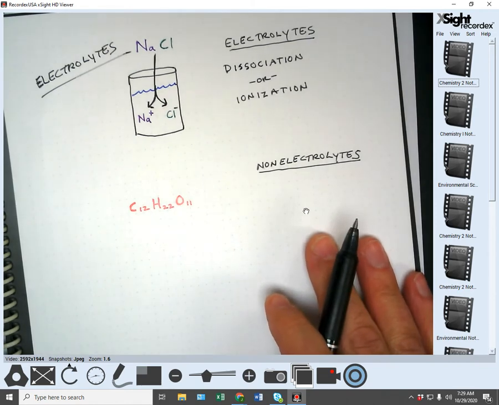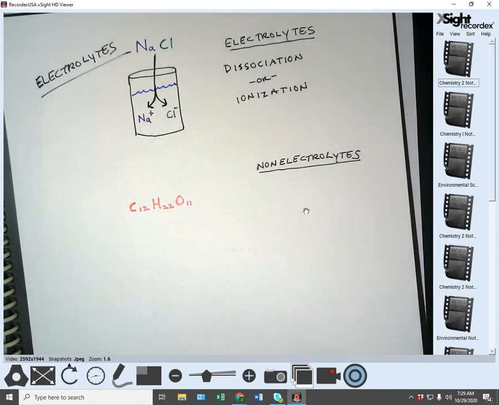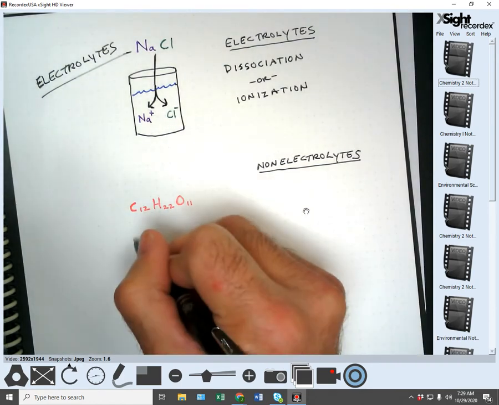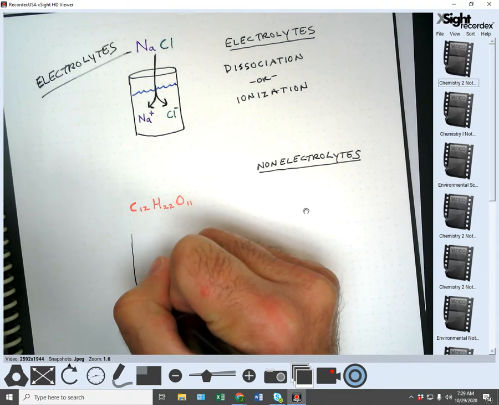Non-electrolytes typically are covalent.